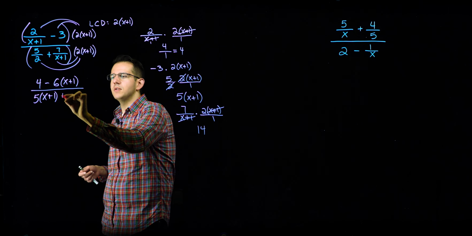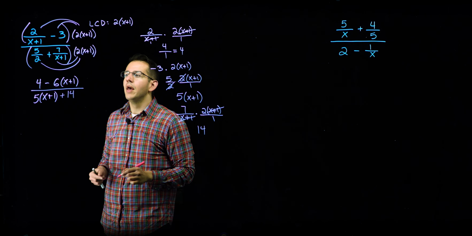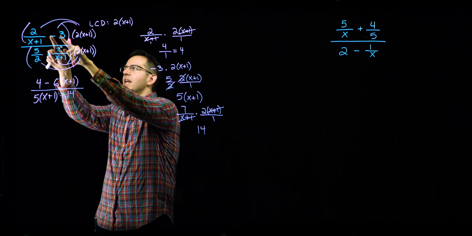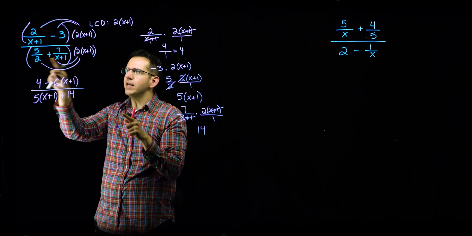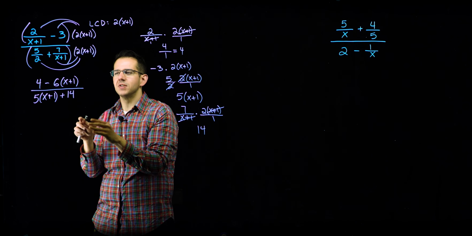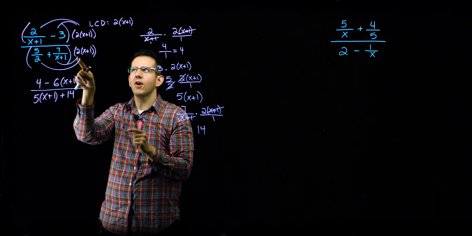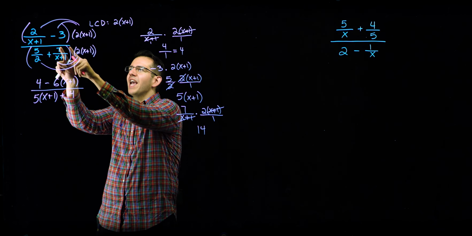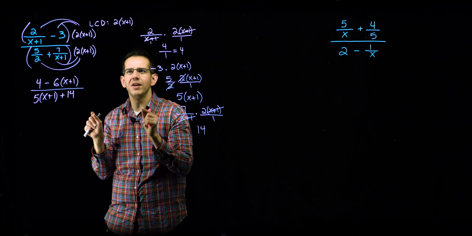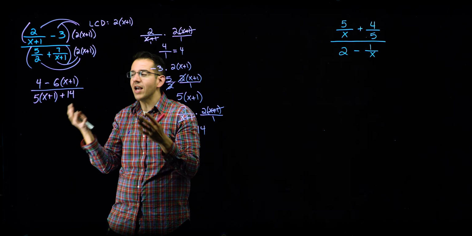So we get a plus 14. Notice we've taken a large term that had 3 separate inner fractions, and in one step of multiplying the top and bottom of that fraction by 2 times the quantity of x plus 1, we've canceled out all of the little inner fractions, and now this is just a rational expression that we can simplify.